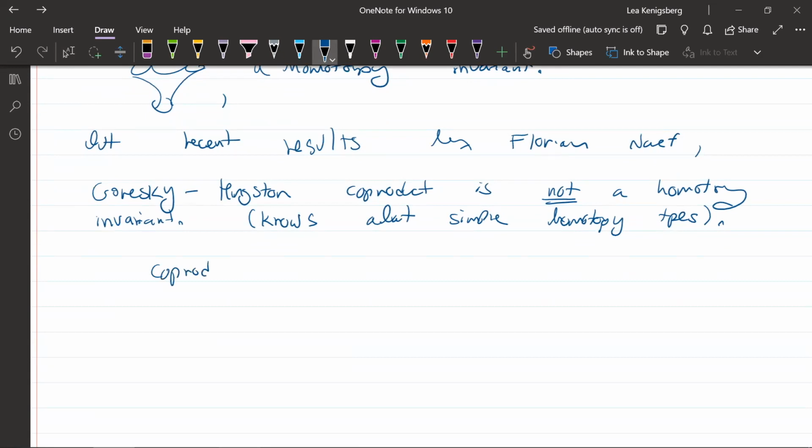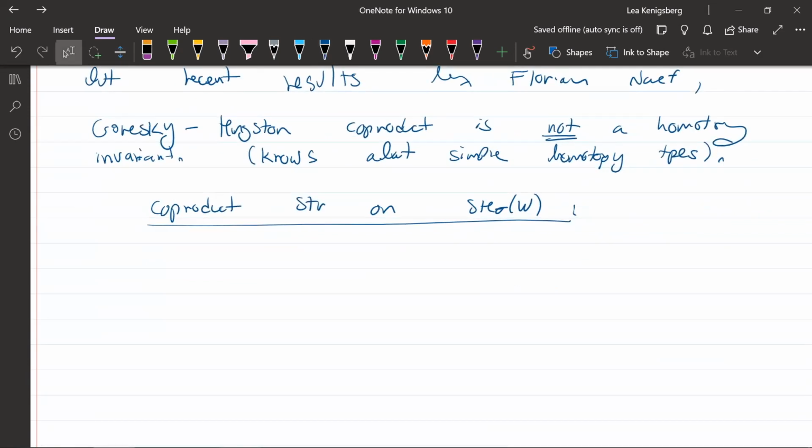Okay, so now I will tell you about the coproduct structure that I defined. The idea is to use the BV operation to kill the boundary terms.